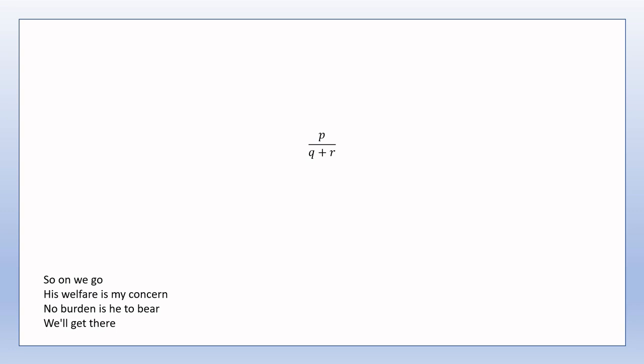So if we have an expression of the form p over q plus r, with q and r as described, then multiply numerator and denominator by q minus r to give p over q plus r equals p times q minus r over q squared minus r squared. Even the first case that I gave can be considered as having a denominator of the form q plus r, but just where r is equal to 0. And it really doesn't matter how you think about it.